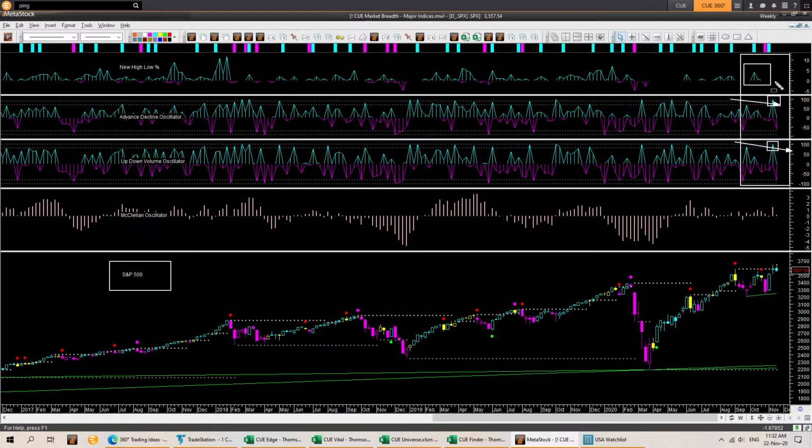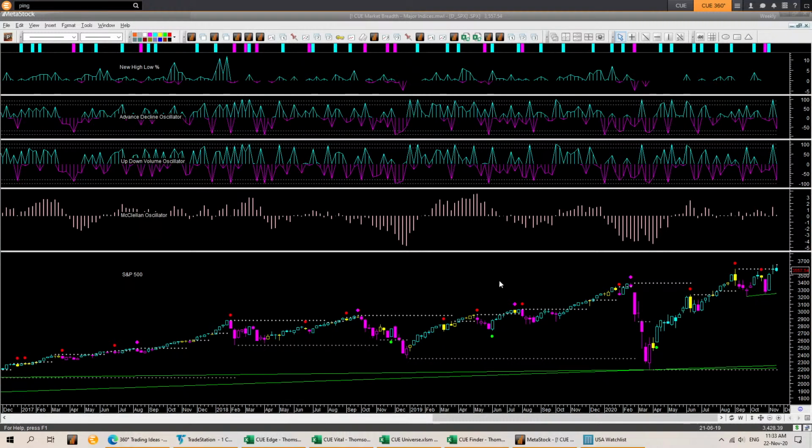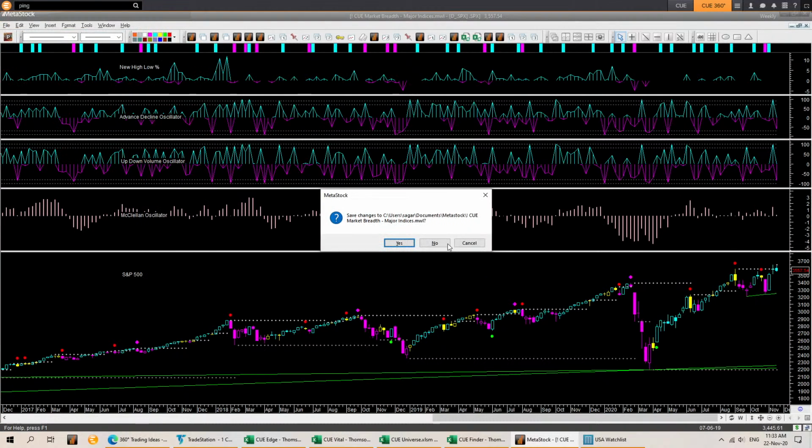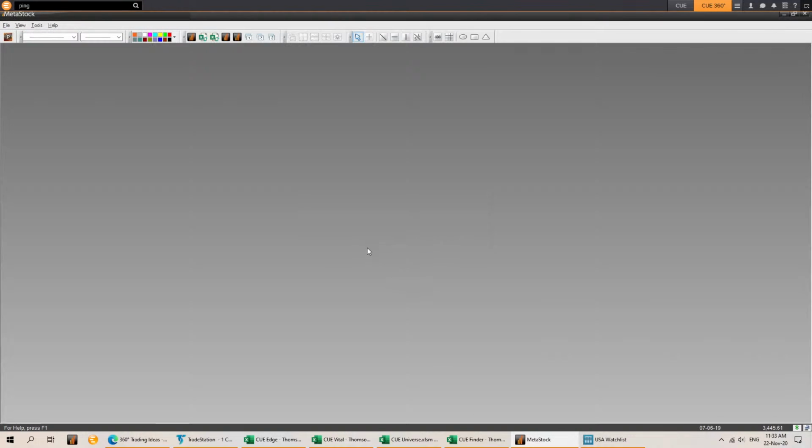New high-low percentage never turned negative. So the market breadth is telling us it is bullish overall under the hood, not bearish. The price is overbought. That is a reason to be cautious, not to take too many long positions.